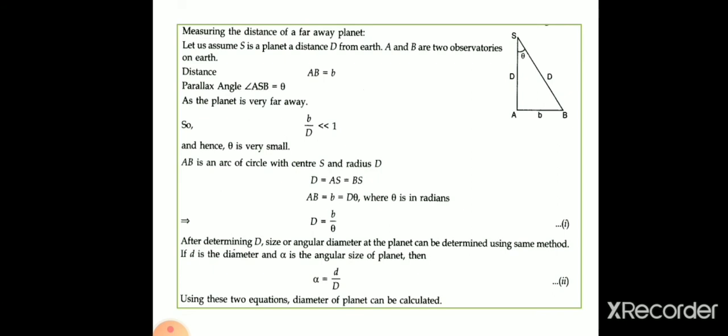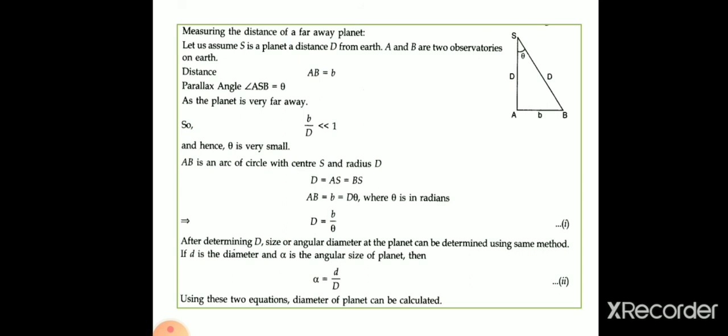So taking the mathematical equation arc by radius is equivalent to theta, we can write small b divided by D is equivalent to theta, or else capital D is equivalent to b divided by theta. D will give you the distance of this planet from the Earth.